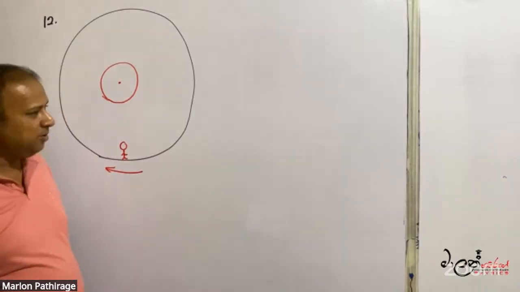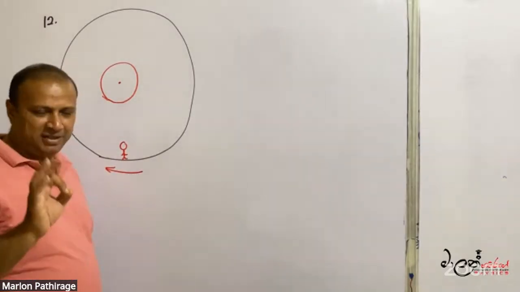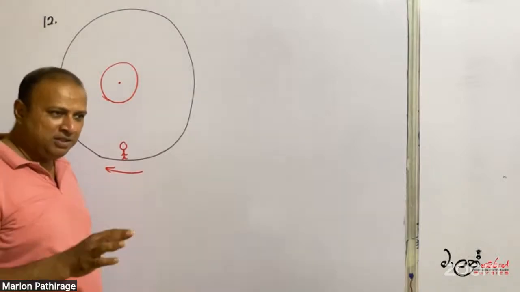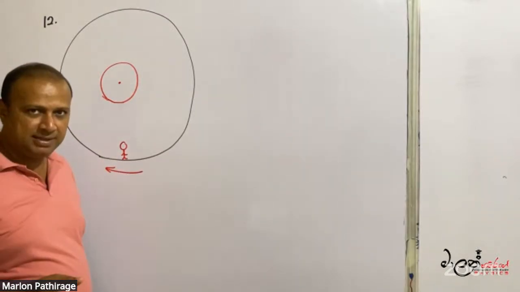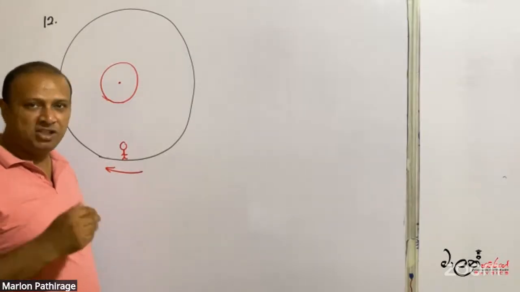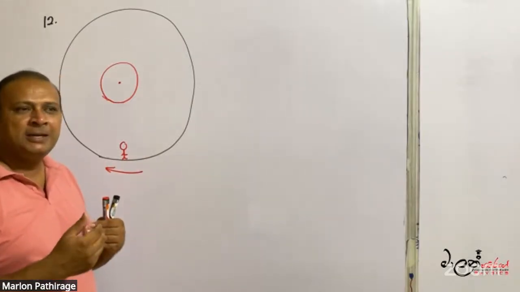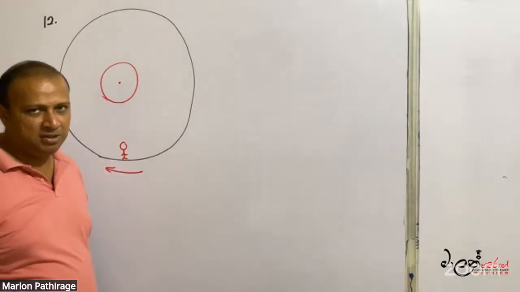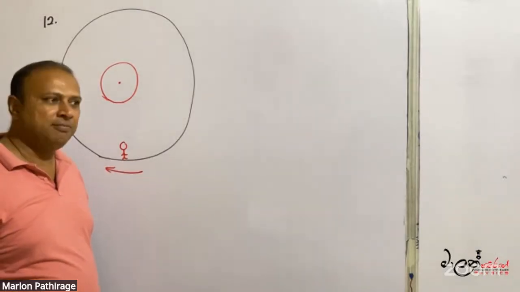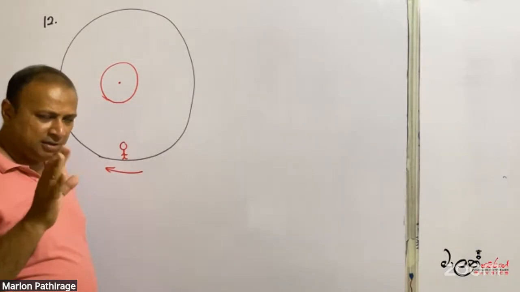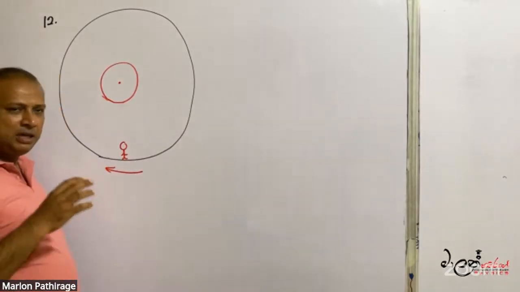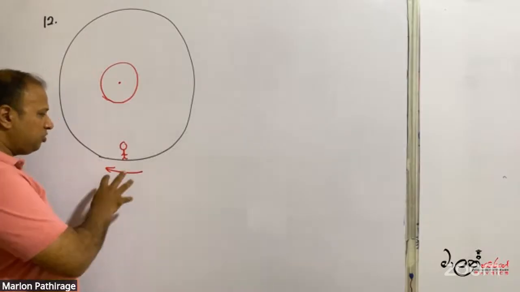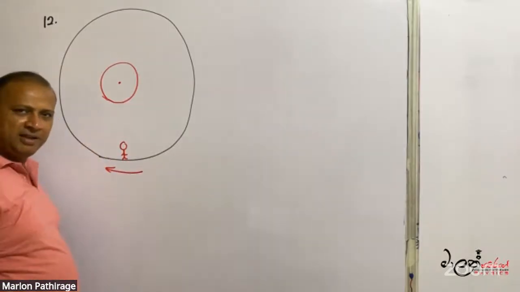But remember one thing. In this question, this man is in space. As this man is in space, he is beyond the gravitational field. But you have to remember this. Suppose now this man is in the gravitational field.